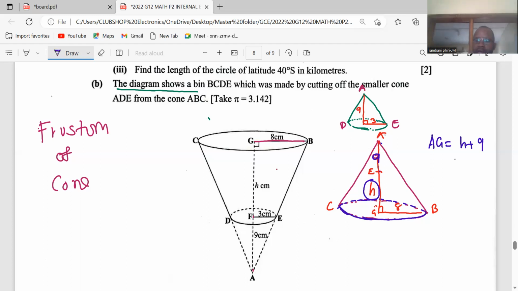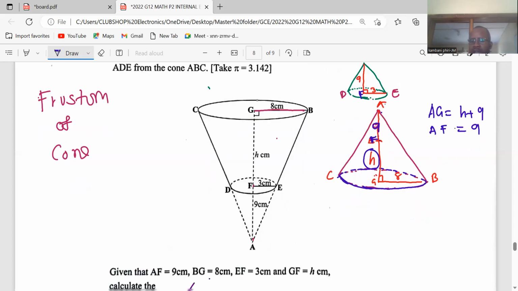But for the smaller one, if you look at AE, if this is F, take note, this is F, AF, according to that smaller one, it is 9. So this is a smaller height, and that is a bigger height.